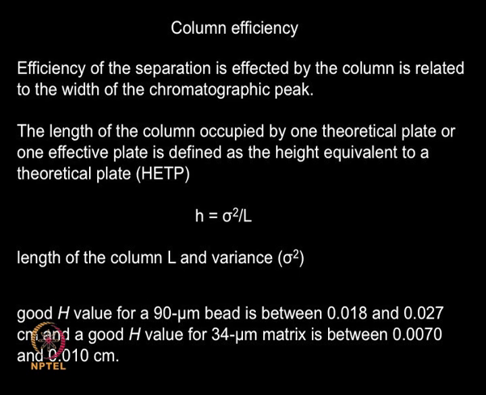A good H value for a 34 micron matrix is between 0.007 and 0.01. Ideally we would like the height to be very small. That means if your sigma square is very small, the height of a theoretical plate will also be very small. So all these factors determine the efficiency of the column.